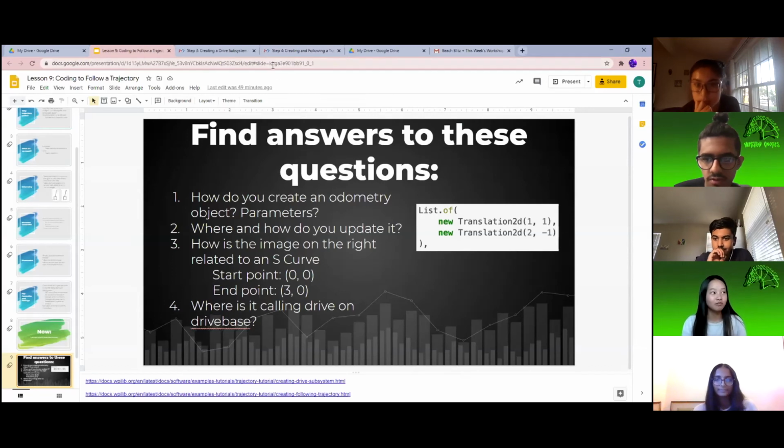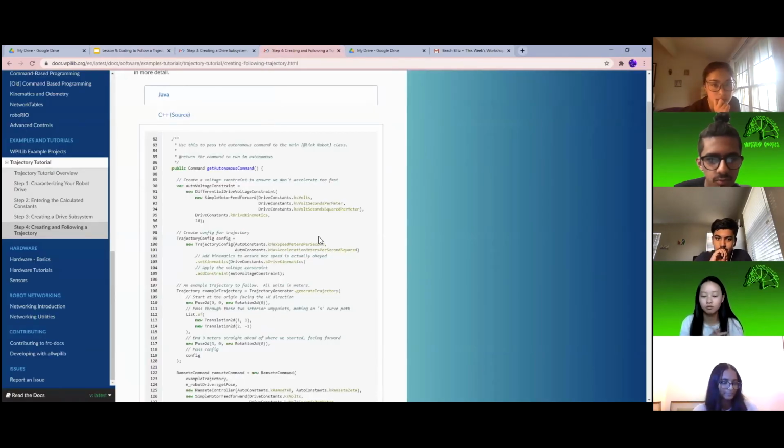Just one more thing about it. What's the x component? What's the y component to those waypoints? So is it a vertical S or a horizontal S?